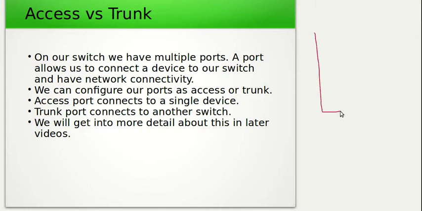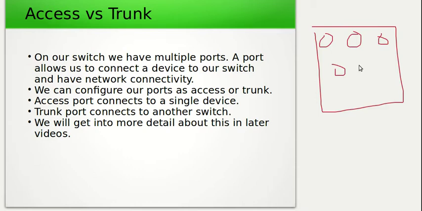We know that by default, all ports on a switch are in the same broadcast domain. With VLANs, we're able to segment and separate our switch into multiple broadcast domains for additional layer 2 security.